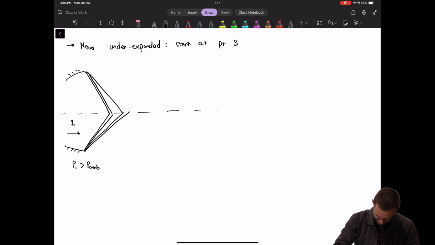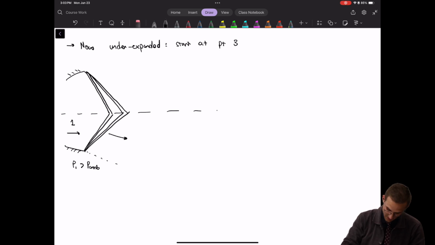At this exit, the flow turns away from the center line. Make that a little bit more dramatic. And now the free boundary is going outwards.